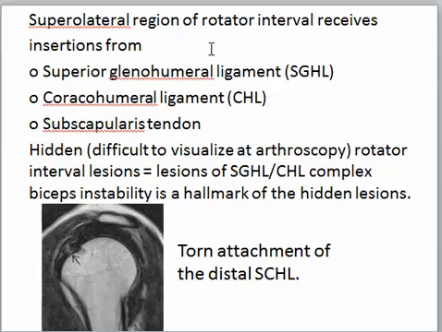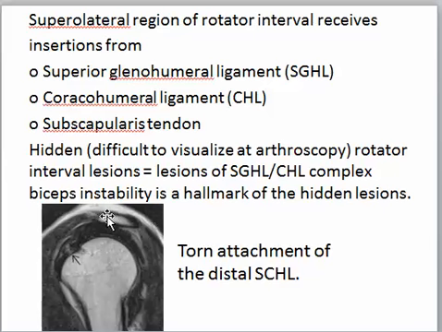Superior lateral region of the rotator interval receives insertion from the superior glenohumeral ligament, the coracohumeral ligament, and the subscapularis tendon. That is the superior lateral part of the rotator cuff.